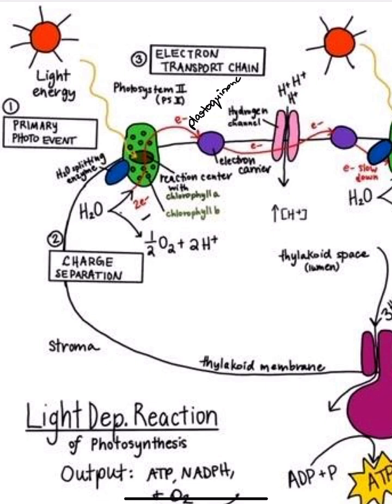And so these electrons replenish the electron hole that exists in chlorophyll B because, of course, it had electrons move from chlorophyll B to A. So there's an electron hole or deficit in chlorophyll B. So this is the charge separation step where the water molecule is oxidized.